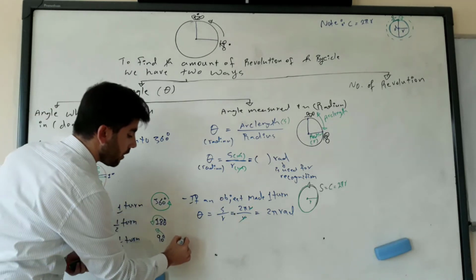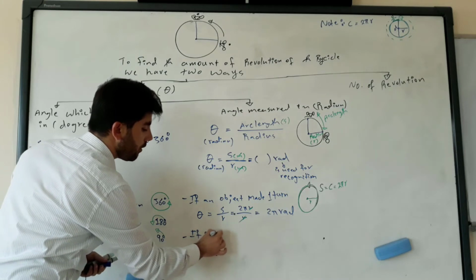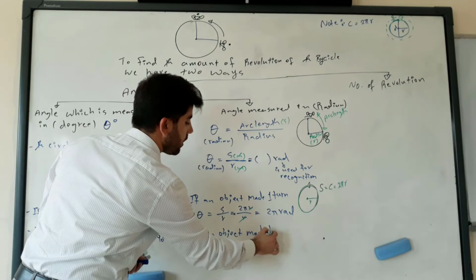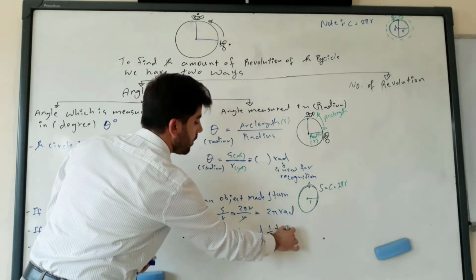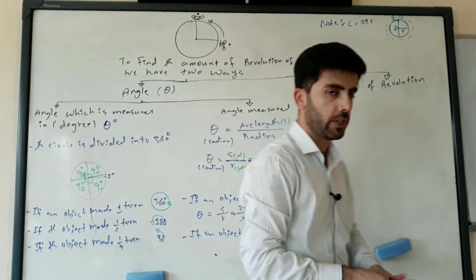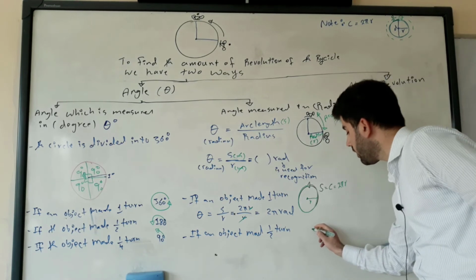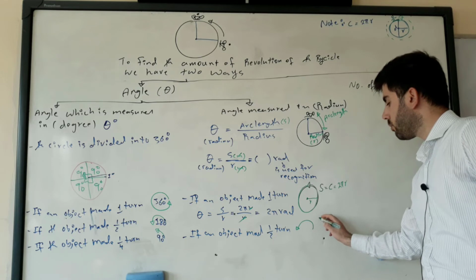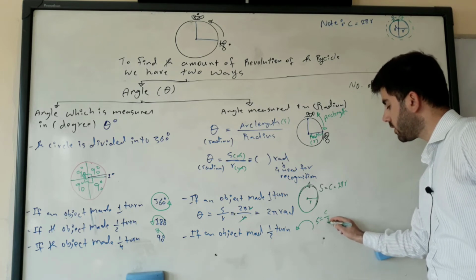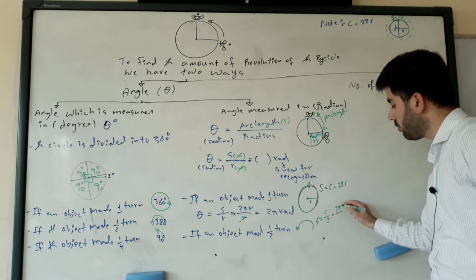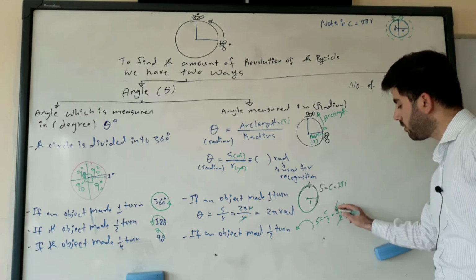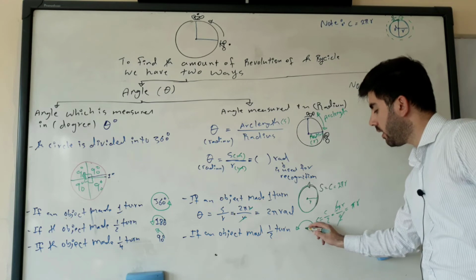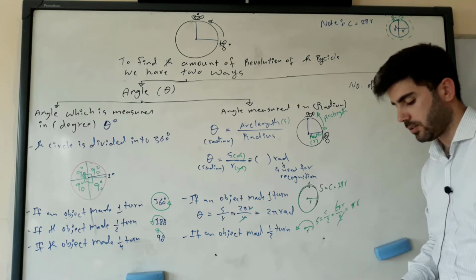So if an object made half a turn, the arc length is circumference divided by 2. It's equal to 2 pi r divided by 2. 2 and 2 get cancelled, pi r is the remaining, and the radius is still the radius.